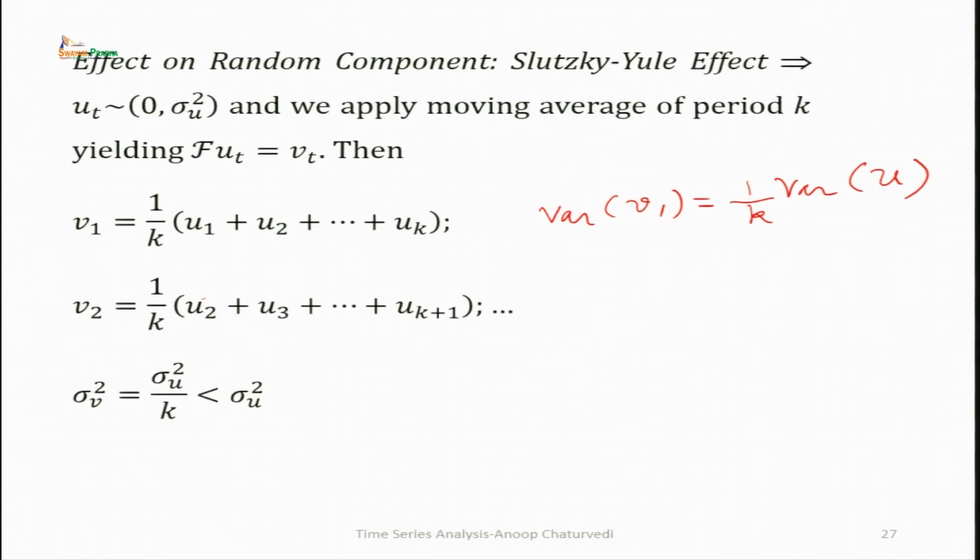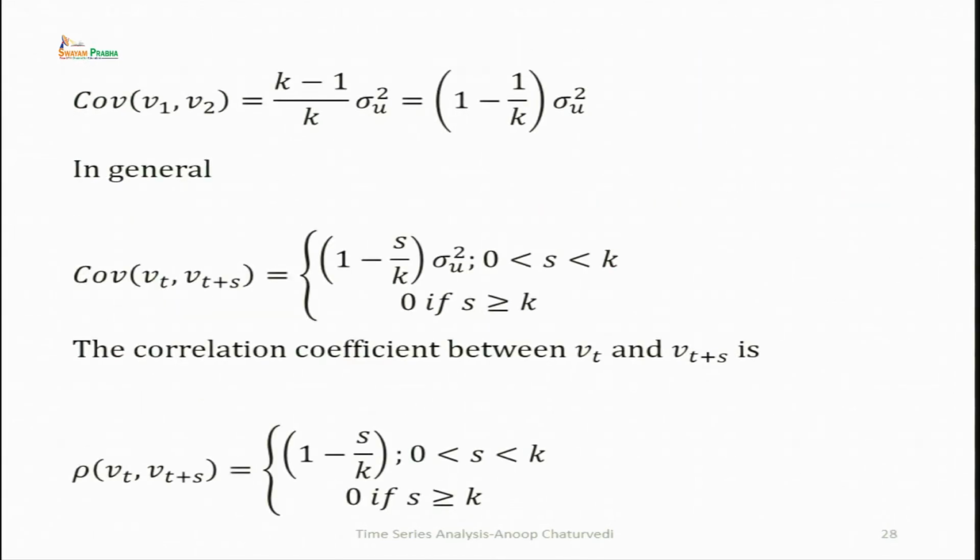The only terms which have non-zero expectation are u2 squared, u3 squared and so on up to uk squared. So, k minus 1 terms have expectation sigma squared u, and all other terms have expectation 0. Ultimately, the covariance of V1, V2 is equal to (k minus 1) upon k sigma squared u, which you can write as 1 minus 1 upon k, times sigma squared u.